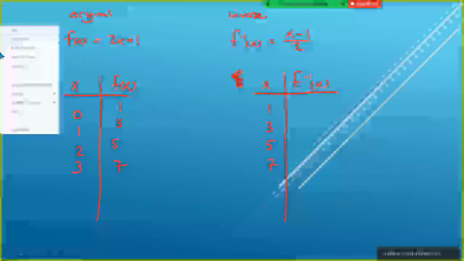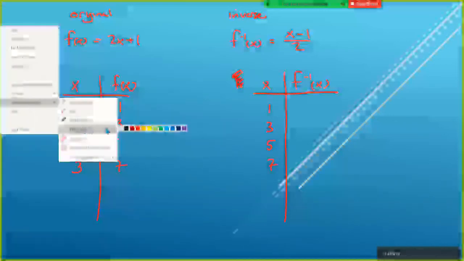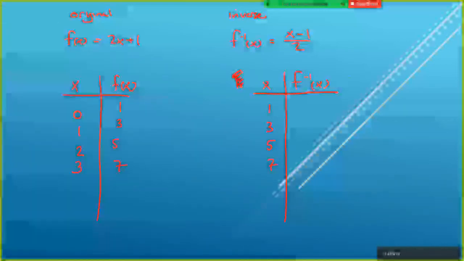I'm going to change my color quick. Let's plug in 1 for x. And we should get a 0. 1 minus 1 is 0. 0 divided by 2 is 0. So we did get 0.